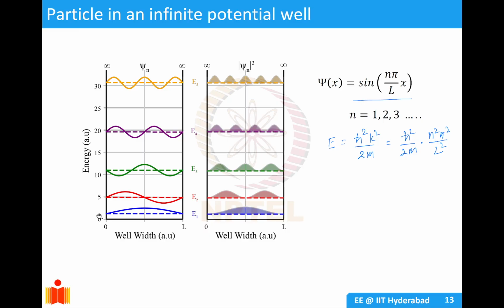So the wave function you can see for the first level, second level, third level, fourth level, and fifth level we have plotted. And this is the probability function psi square. And the energies for the levels would be 1, 5, some 11, some 19, some 31 approximately.